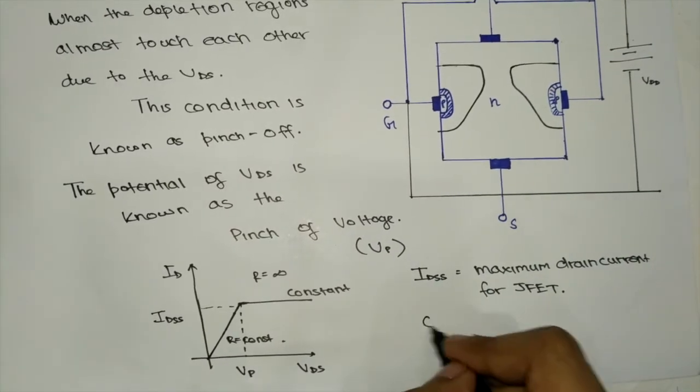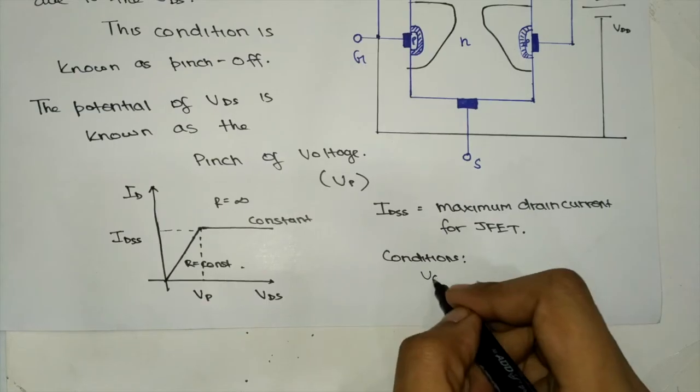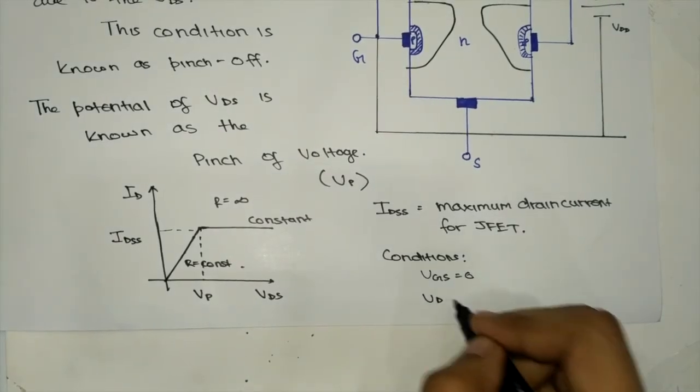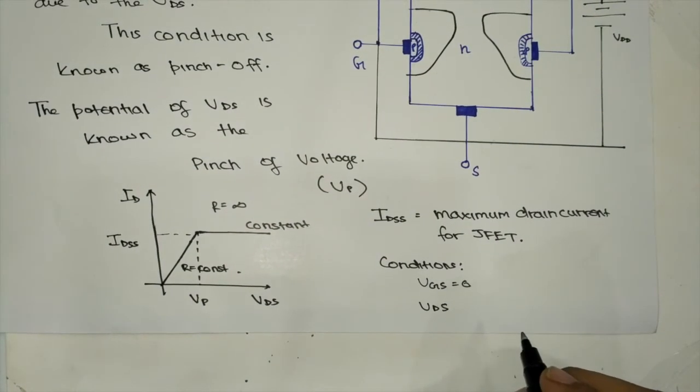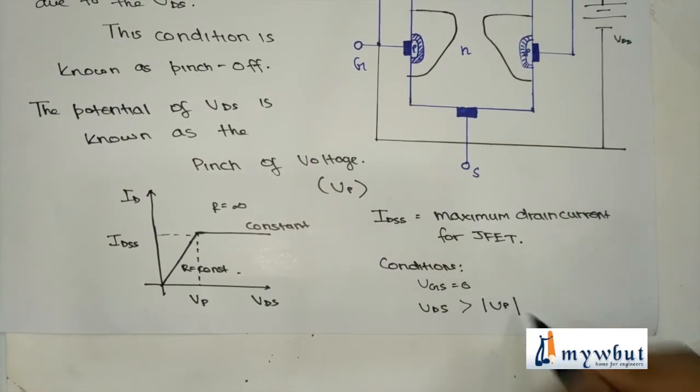For IDSS, the conditions are VGS equal to 0 and VDS greater than the pinch off voltage.